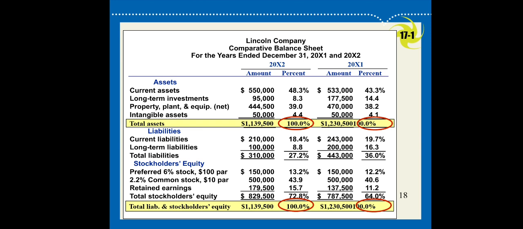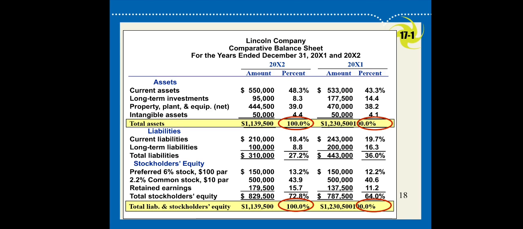In this sample question, there are 2 years data, year 2000X2 and year 2000X1, and then if a question asks you to do a vertical analysis, then the thing that you have to do is to prepare the column number 3 and column number 5.